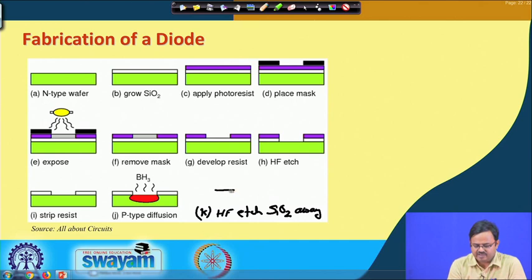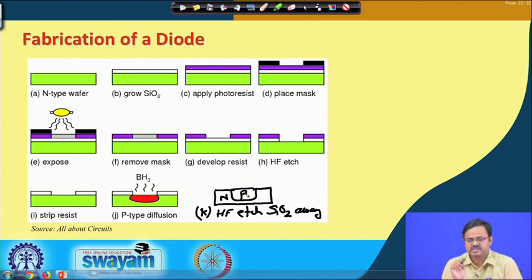I am therefore left with my N type semiconductor, but now with a p doped region inside, and that, my friends, is a diode. We have made a diode.